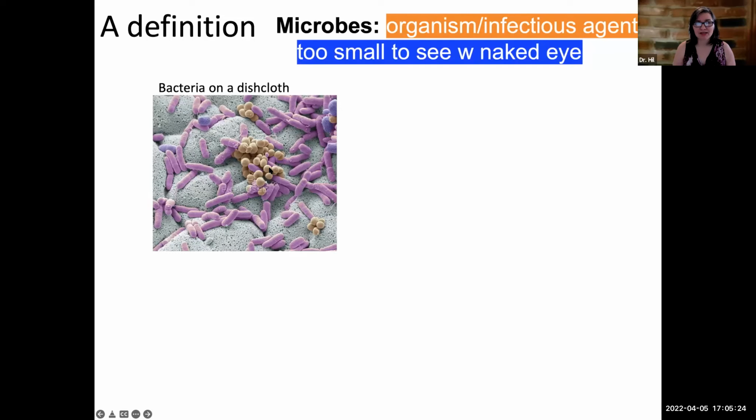So here's a couple of examples. This is an electron micrograph taken with an electron microscope, so very high resolution. This is not zoomed in very much. If we could zoom in further, we'd get lots of information from this picture, but it's pseudo-colored. That's why these guys have different colors. We can see several different species of bacteria on a kitchen dishcloth.